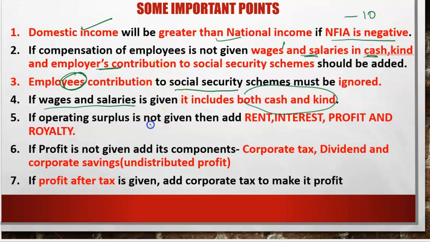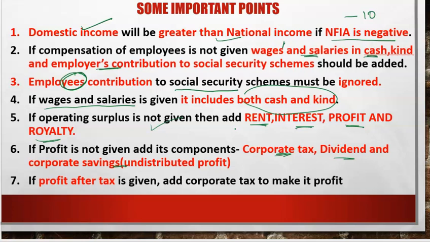Similarly, if operating surplus is not given, then we have to search for its 4 components: rent, interest, profit and royalty. Further, अगर profit ही ना दिया हो, so profit के भी 3 components हैं: corporate tax, dividend and undistributed profit, जिसका नाम corporate saving भी है और retained earnings भी है.